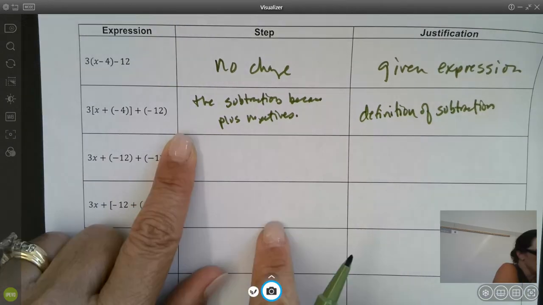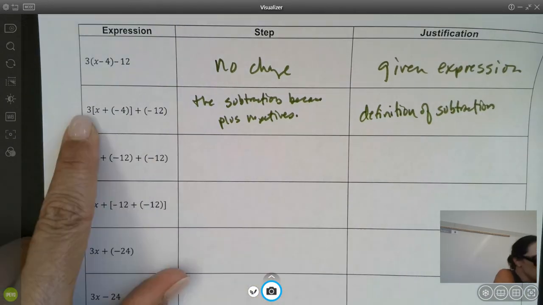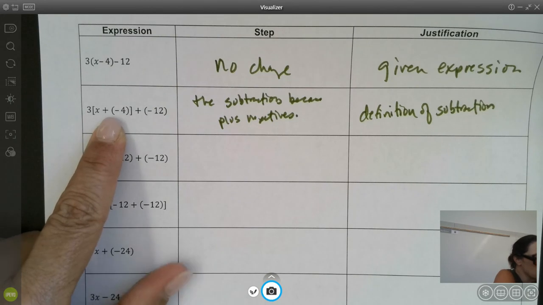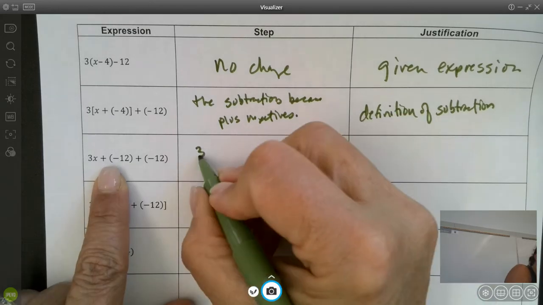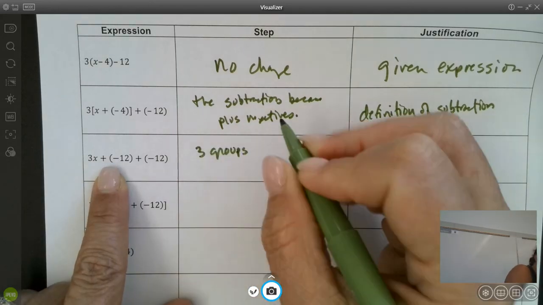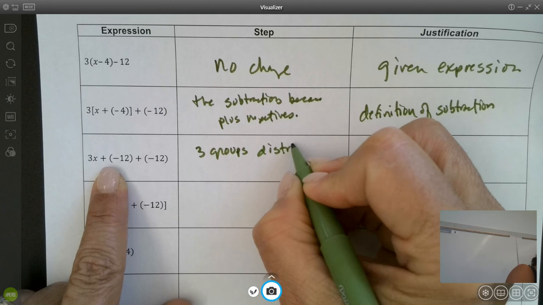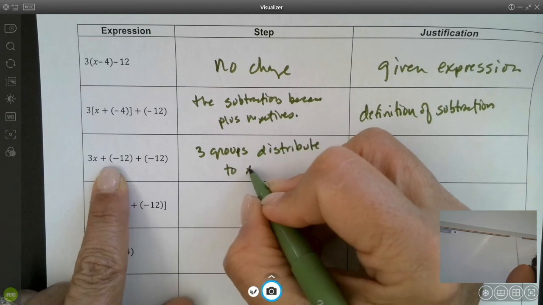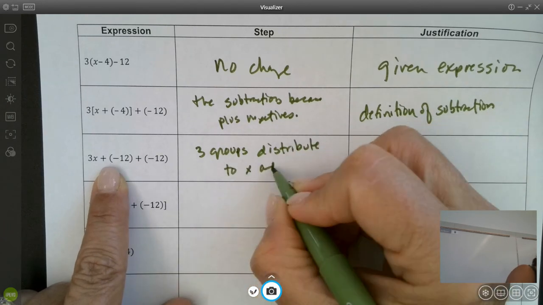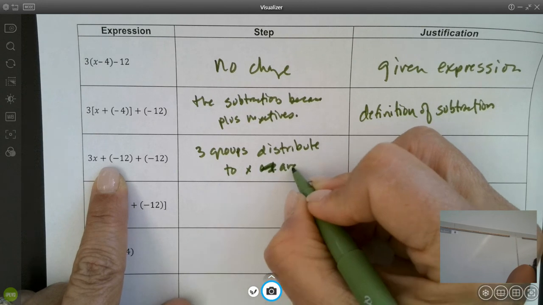Next thing that happens is the 3 gets distributed into the x and the negative 4 to make 3x plus negative 12. So 3 groups distribute to the x and negative 4.